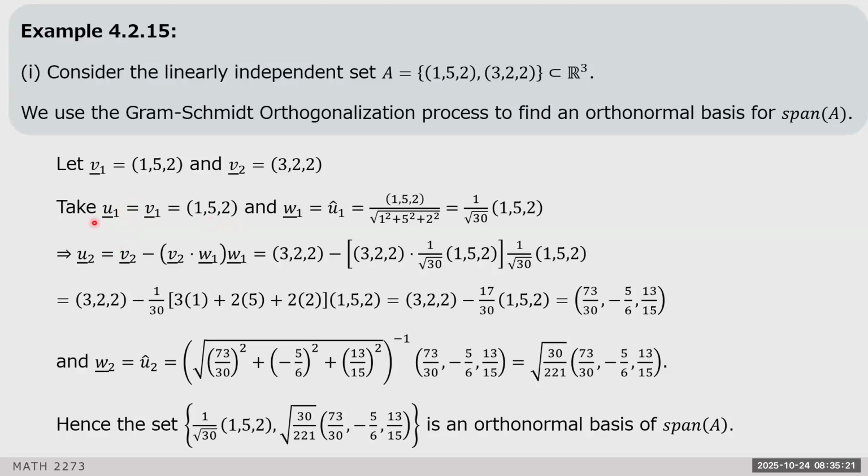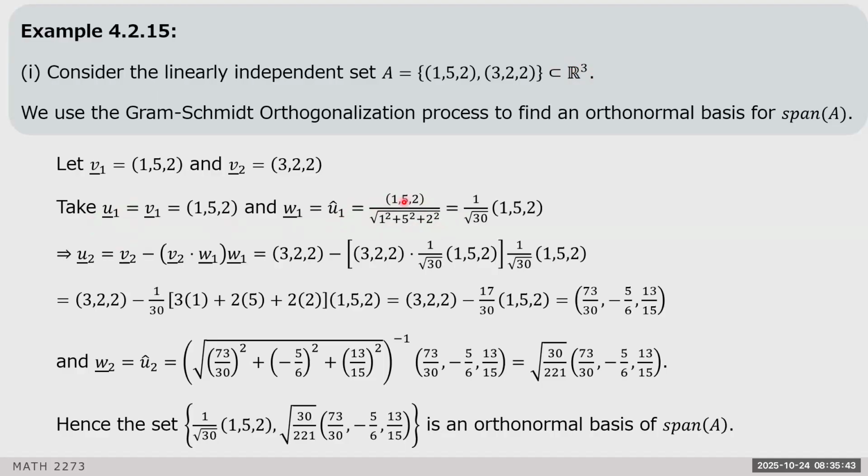Once we have U, we convert it into W, the unit vector. They didn't tell us what the inner product was, but we are in some Euclidean space, so the inner product you could take as the usual dot product. U1 hat is just the vector U1 divided by its length.